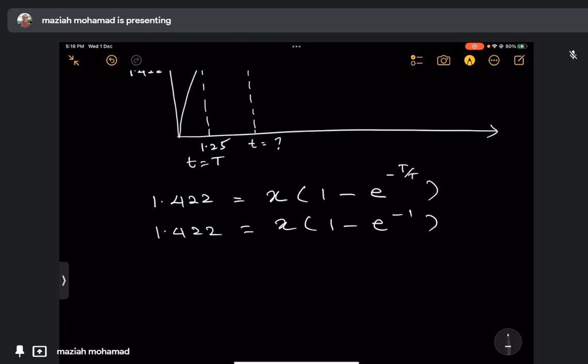Berapa value? Ini exponentnya. Tak nampak. 0.3679.